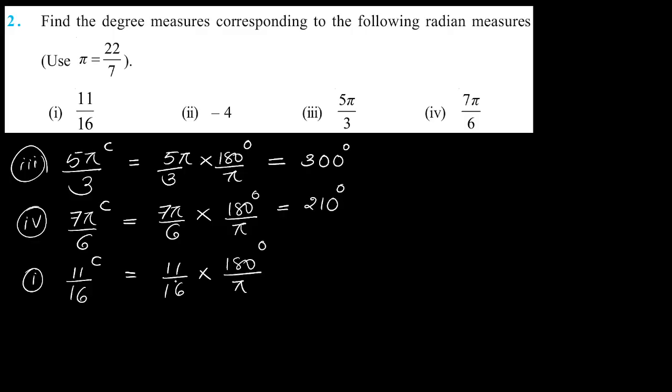You will get the degree value. It says that pi is 22 by 7. You will not be able to simplify, nothing will be cancelled. You may put pi as 22 by 7. Let us see whether it cancels or not. 180 divided by pi, where pi is 22 by 7 or 3.14.